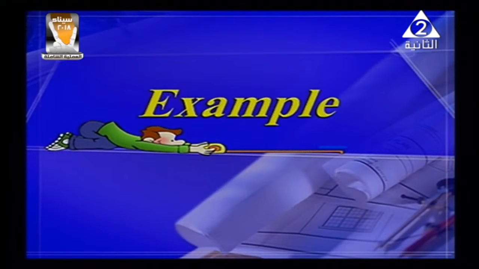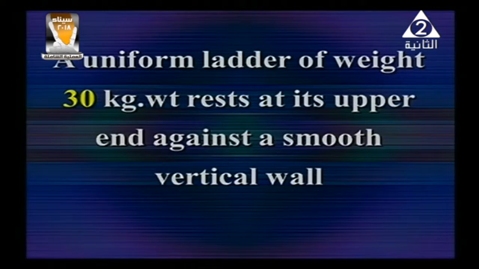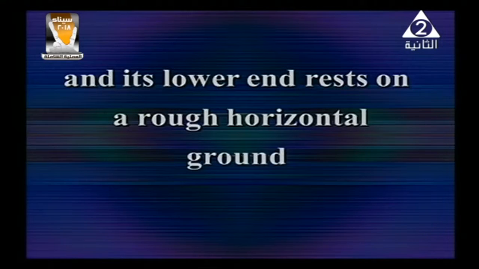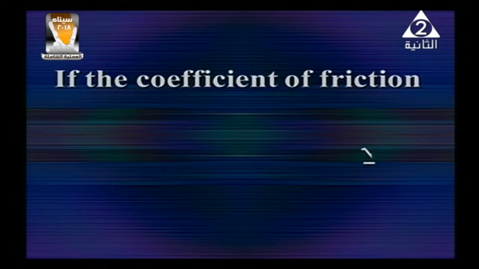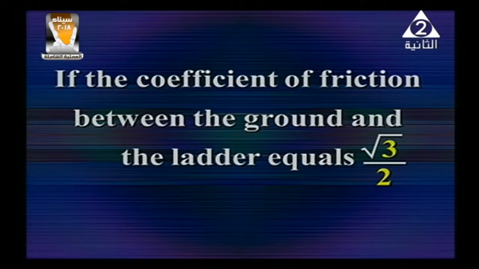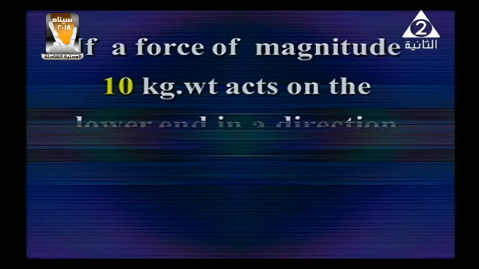Another example. A uniform ladder of weight 30 kilogram weight rests at its upper end against a smooth vertical wall, and its lower end rests on rough horizontal ground. The coefficient of friction between the ground and the ladder equals root 3 over 2.